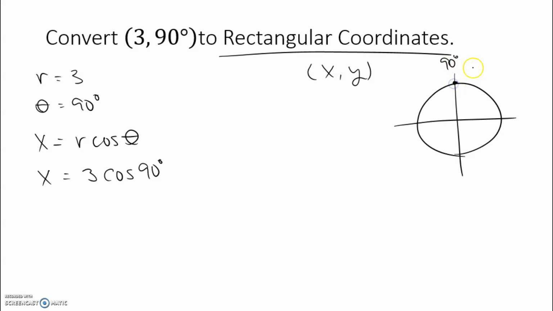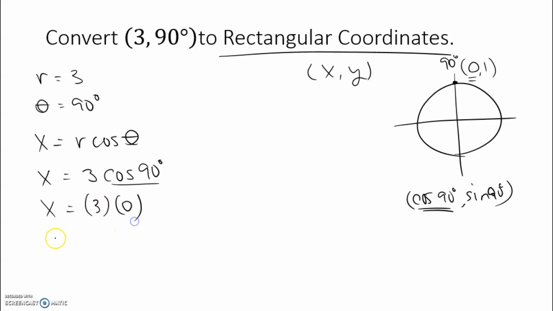That point is 0, 1. So remember, it's always cosine first and then sine. So I'm looking for the first answer here, which is 0. So cosine of 90 is 0. So x is 3 times 0, or x is 0.